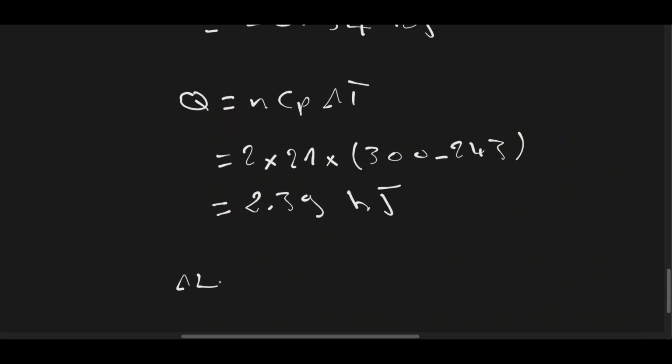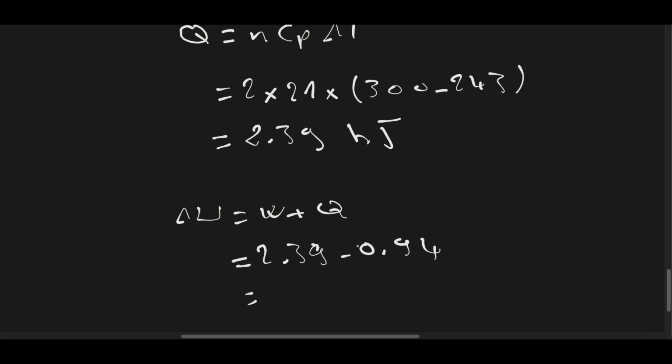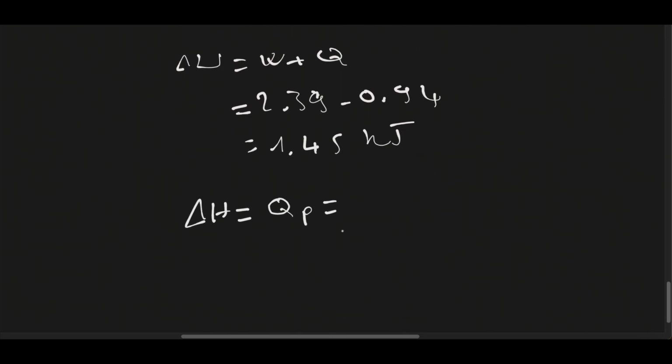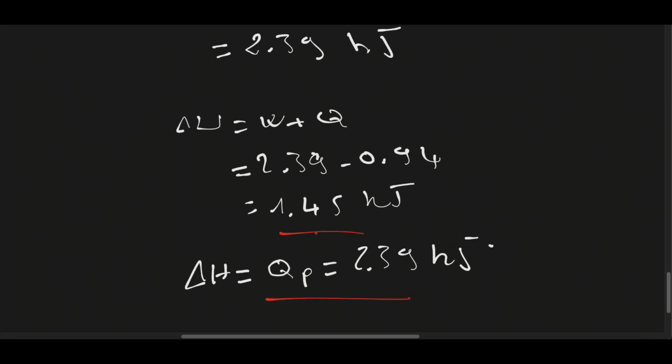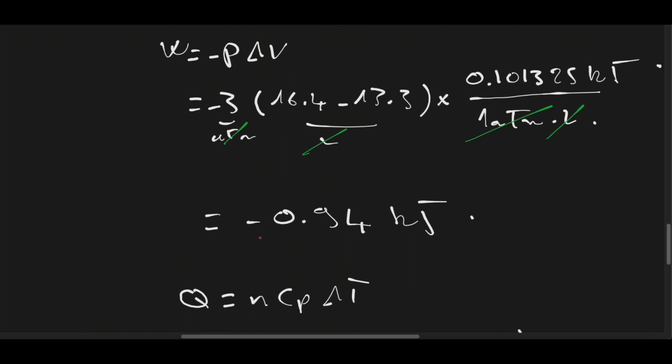And the change in internal energy is the sum of W plus Q, equal to 2.39 minus 0.94, and is equal to about 1.45 kilojoules, and the change in enthalpy is equal to Qp and is equal to the same value here, 2.39 kilojoules.